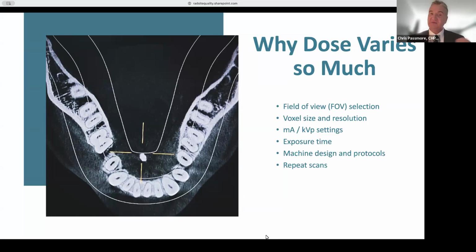But a lot of times they would assume that they were having that benefit. And there's a gentleman by the name of Dr. Joel Gray who had set up QA programs to test these systems and had found that a lot of them were still running as a film system with the mA and the kVp.